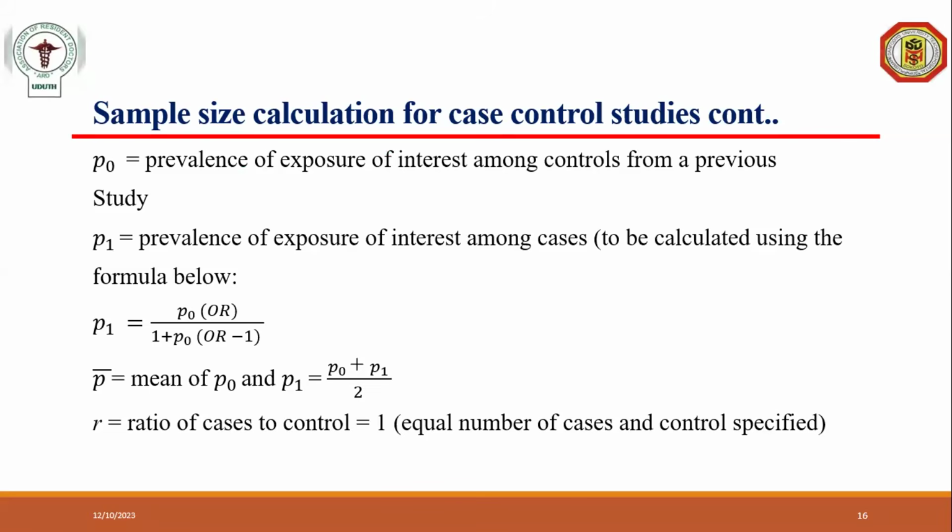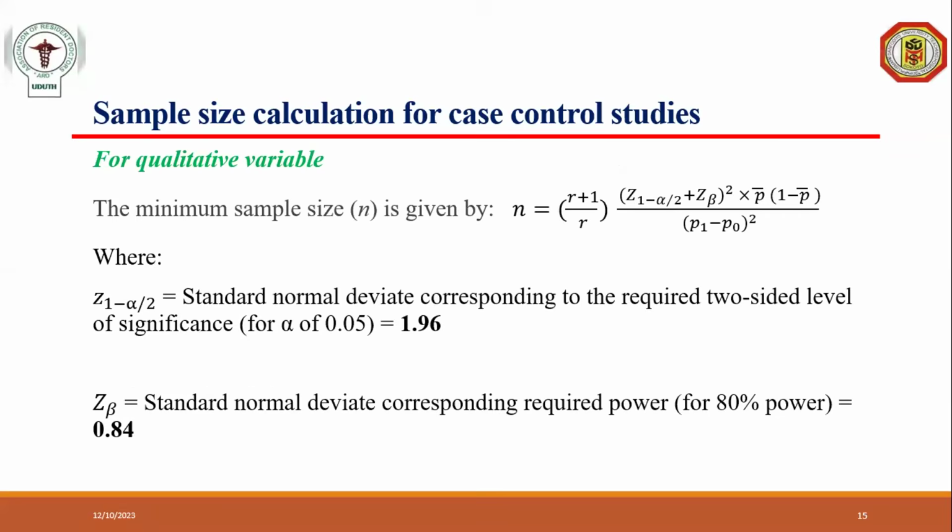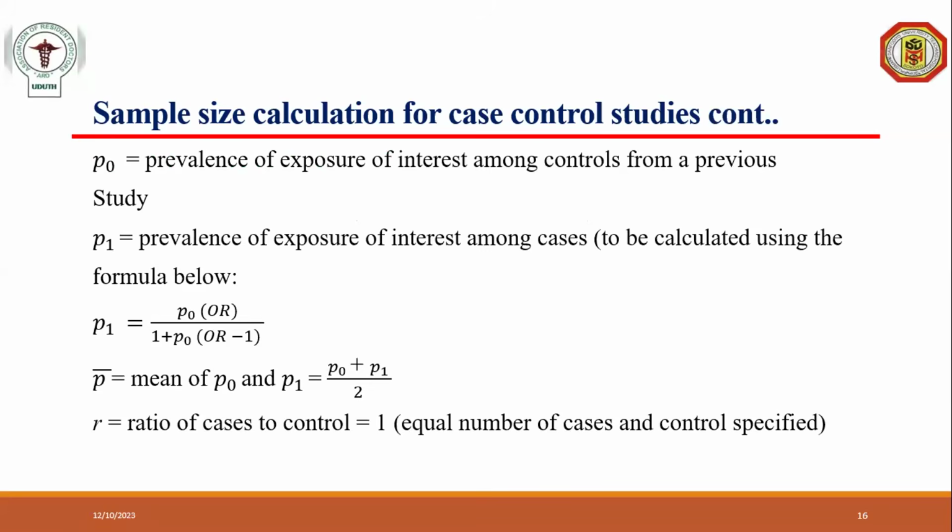The exposure of interest here, from our example, is cigarette smoking. So P naught is the prevalence of cigarette smoking among controls from a previous study. How many of the controls in the previous study were smoking? If they were 10%, then our P naught will be equal to 10%.